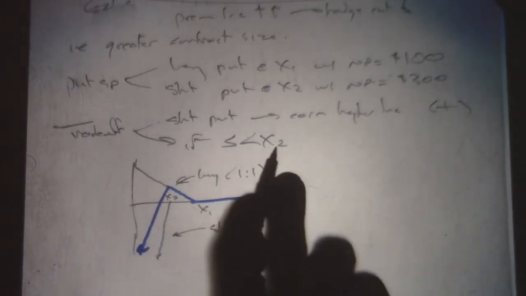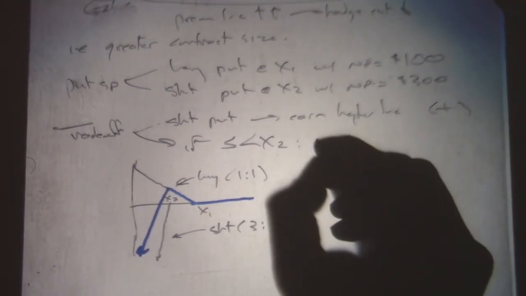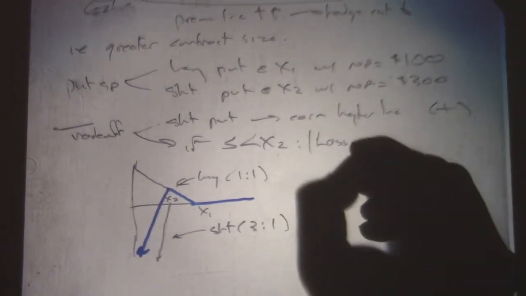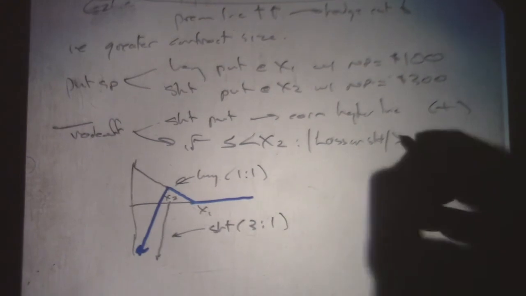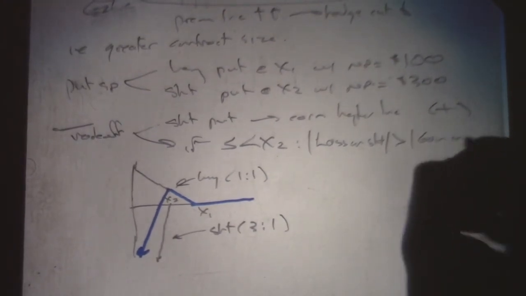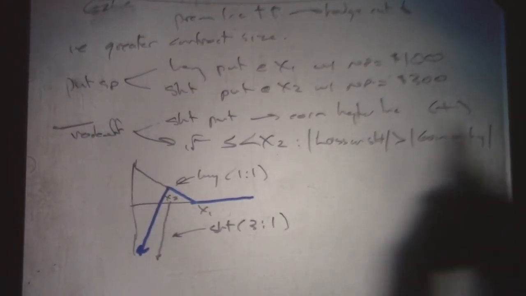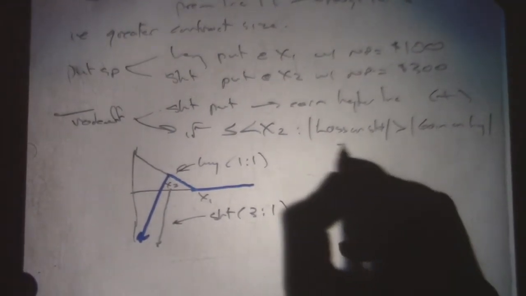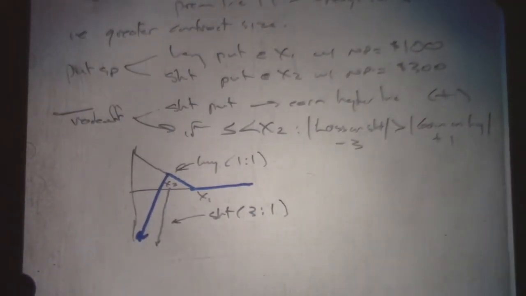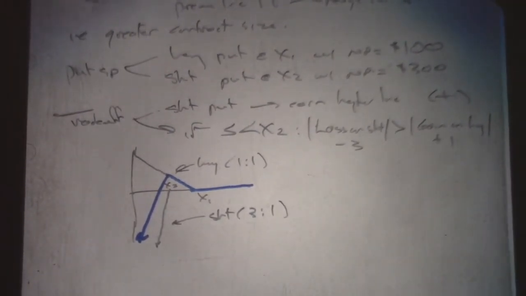Let me finish this. If spot drops below X2, the loss on the short would be greater than the gain on the long. Here you'd be losing $3, but there you'd be gaining $1, and therefore you're losing $2.